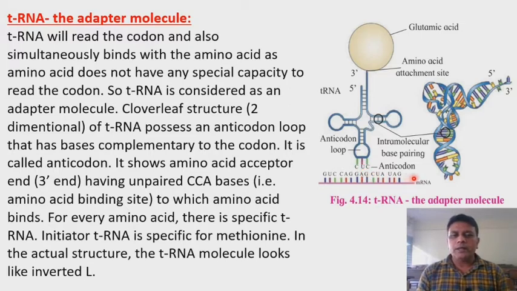In actual structure, the tRNA looks like an inverted L, that is, a capital L-like structure. So tRNA reads the codon on messenger RNA as well as brings the specific amino acid to the site. It is called an adapter molecule.